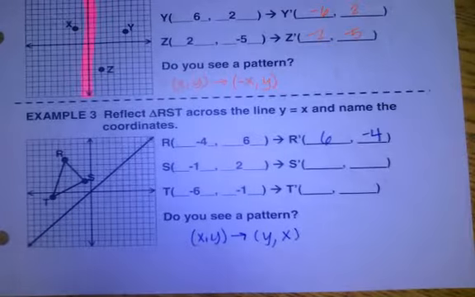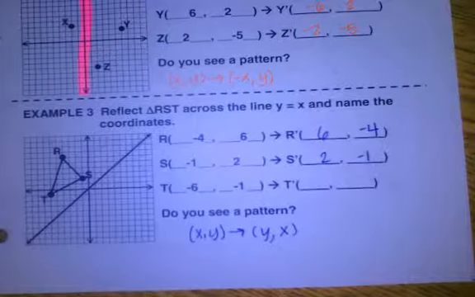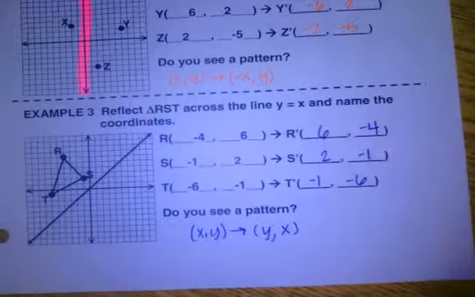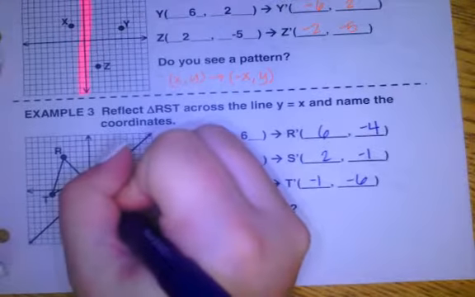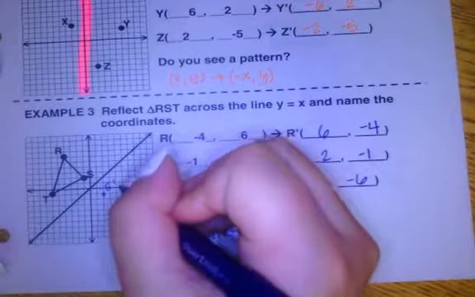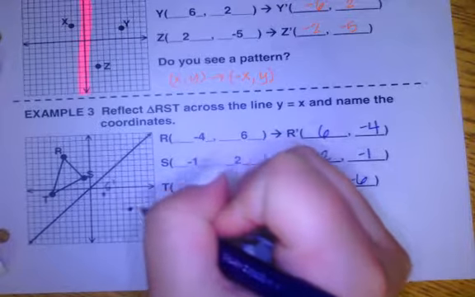And what would be t prime? -1, -6. If we were to plot those points, 2, -1 is s prime, r prime is 6, -4, and t prime is at -1, -6.